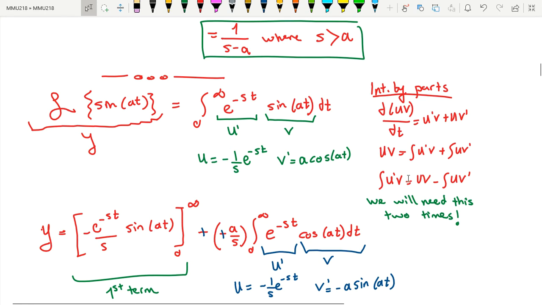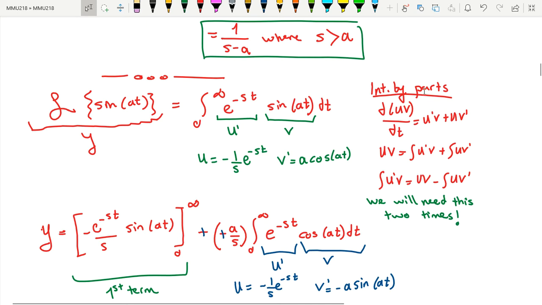And from here, if you take the integral, uv becomes this. And if you have integral u prime v, then it's going to be uv minus integral uv prime.